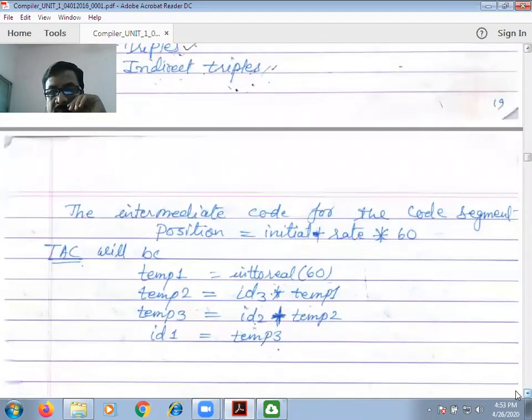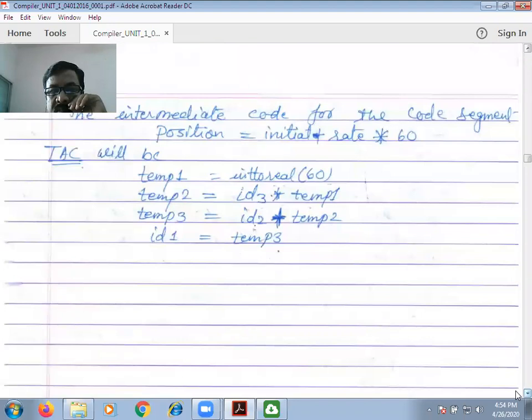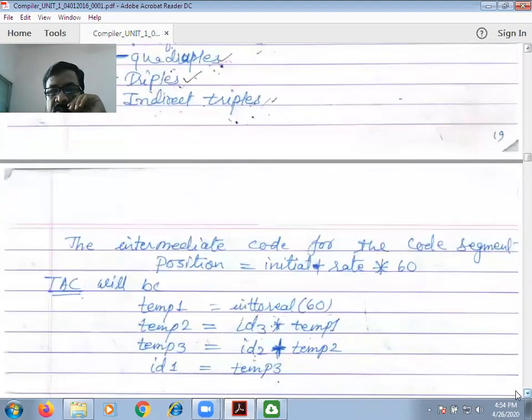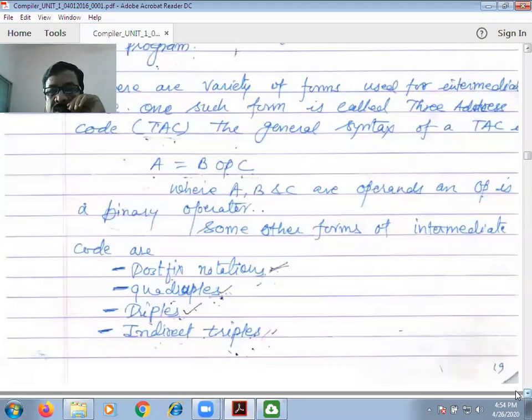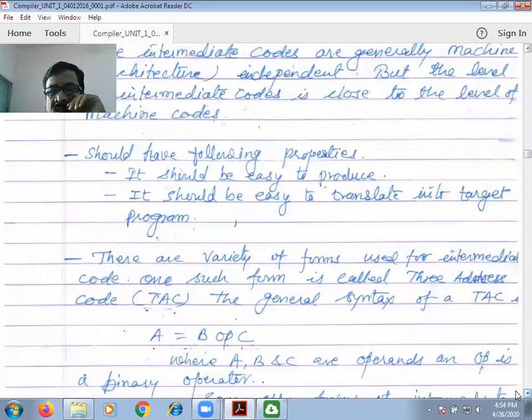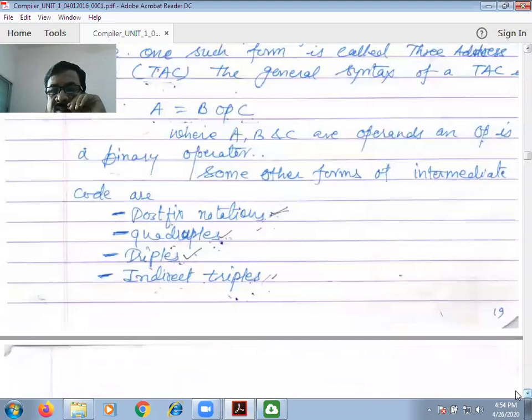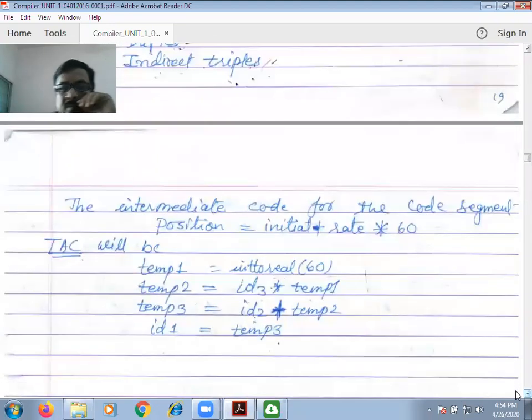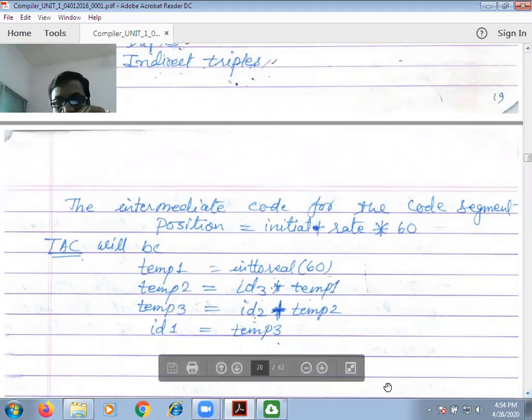The same example code is again applied to the intermediate code generation block. The parse tree is given as input to the intermediate code generator block, and the intermediate code for that example program is converted into three address code as given.